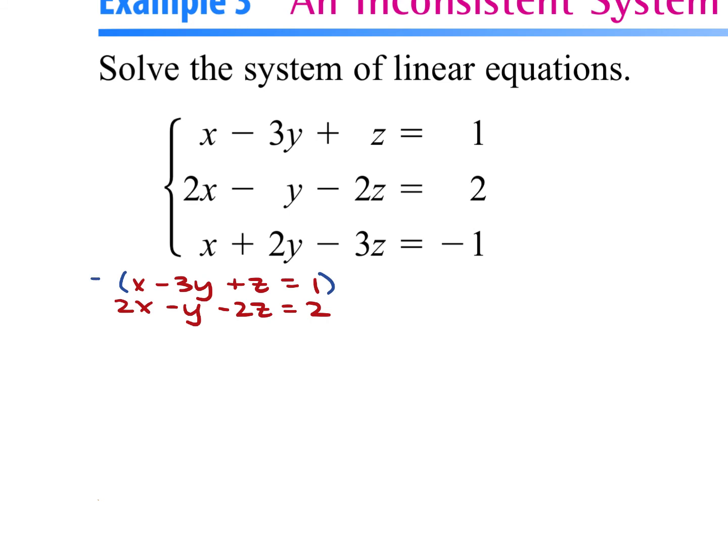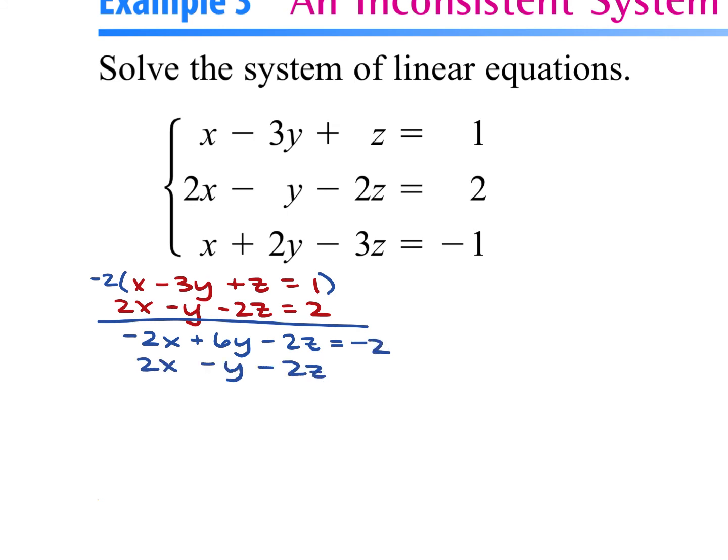We're going to multiply the top equation by negative 2 so we can cancel out those x's. We have negative 2x plus 6y minus 2z is equal to negative 2. And 2x minus y minus 2z is equal to 2. We're going to combine these to get rid of those x values. We have 5y minus 4z is equal to 0.